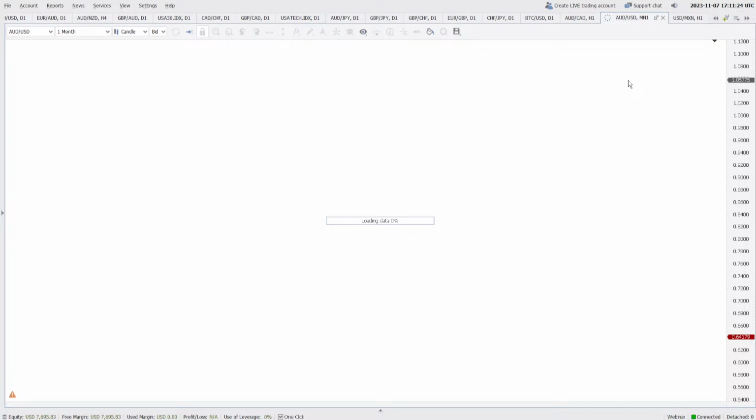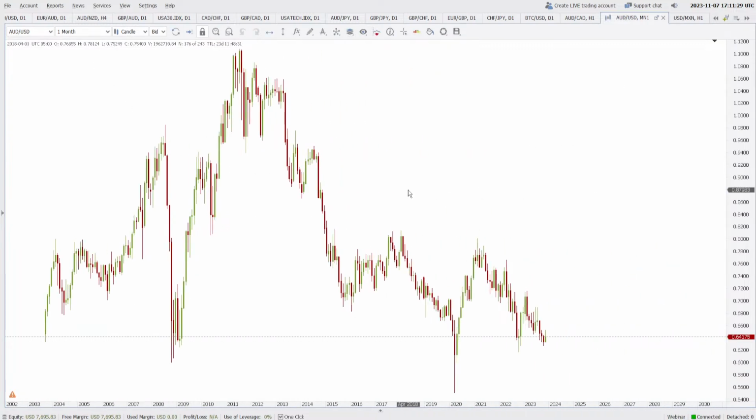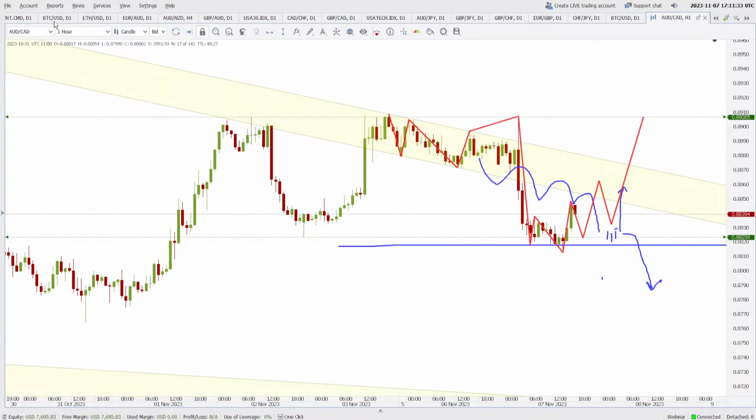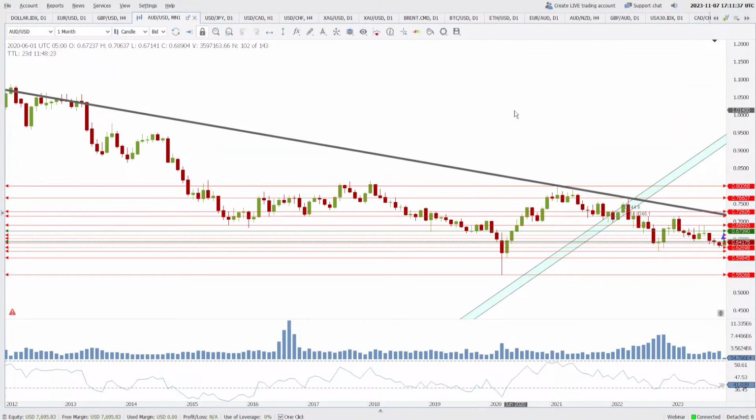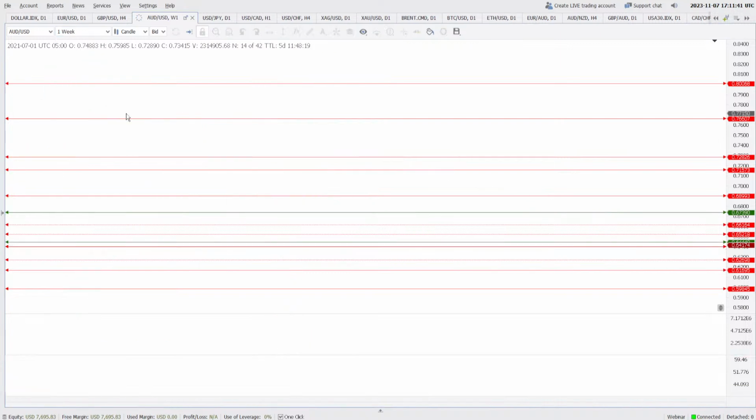So what about the Australian dollar against the US dollar? We will also check that. We have not done anything on here because we already had AUD/USD here. So we are going to go to the weekly.